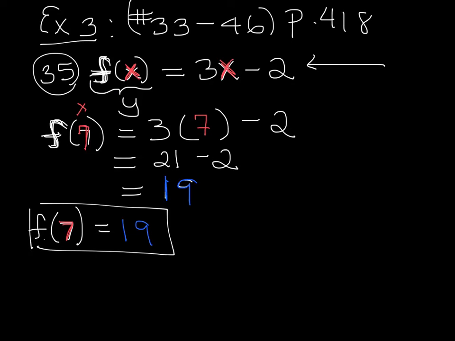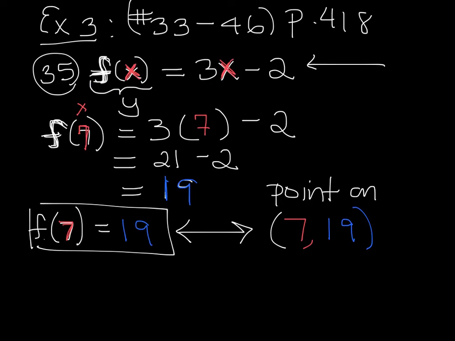What this means is, another way of saying this is, if I input 7, my output is 19, right? And remember, this is a point or an ordered pair, and in this case, it's on a line because the power is 1, so it's definitely a line.